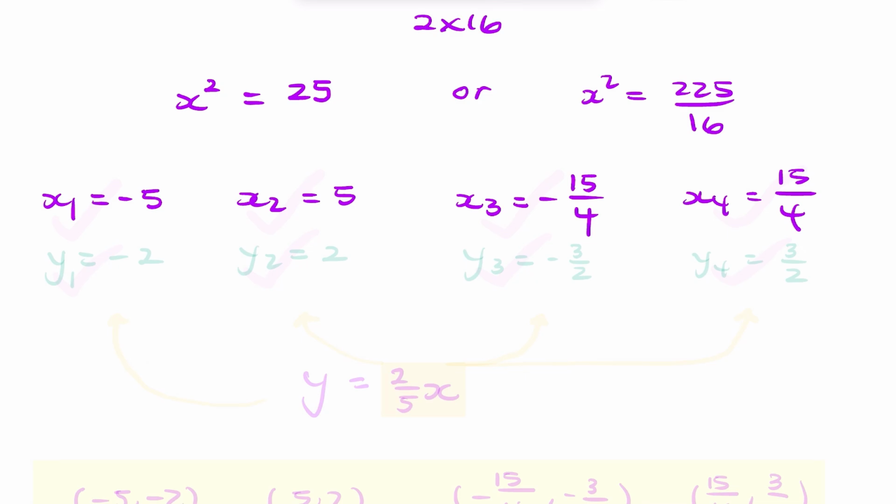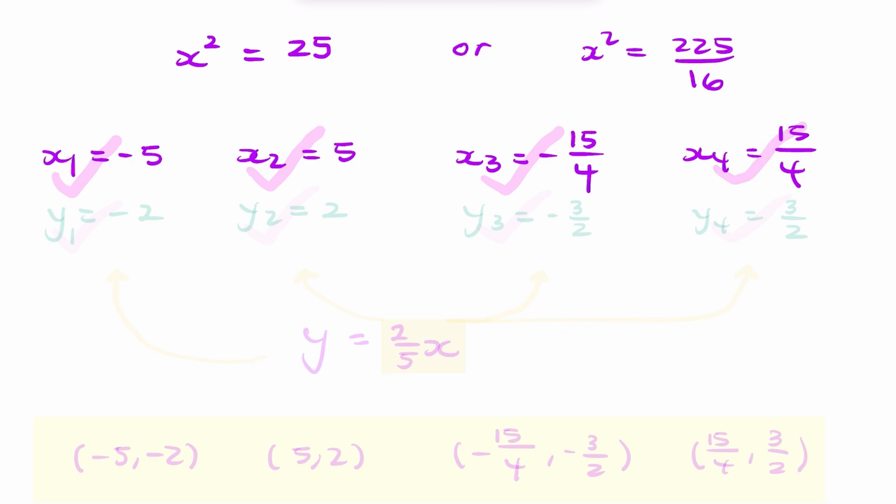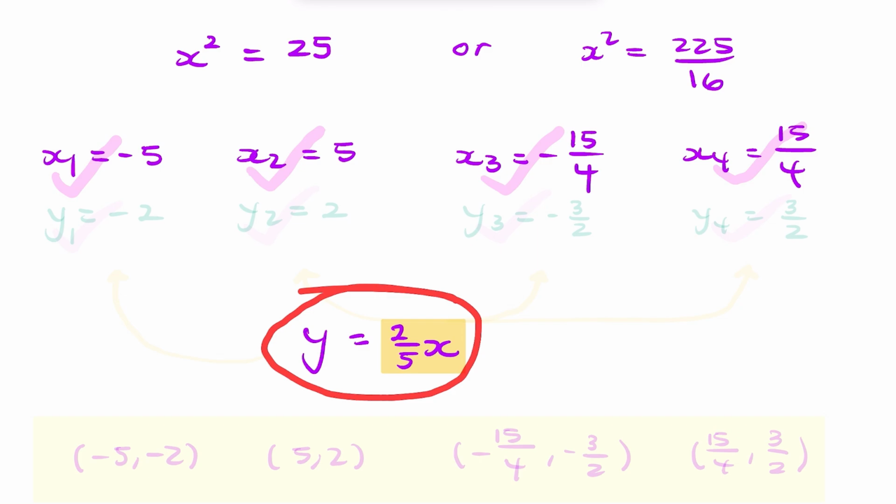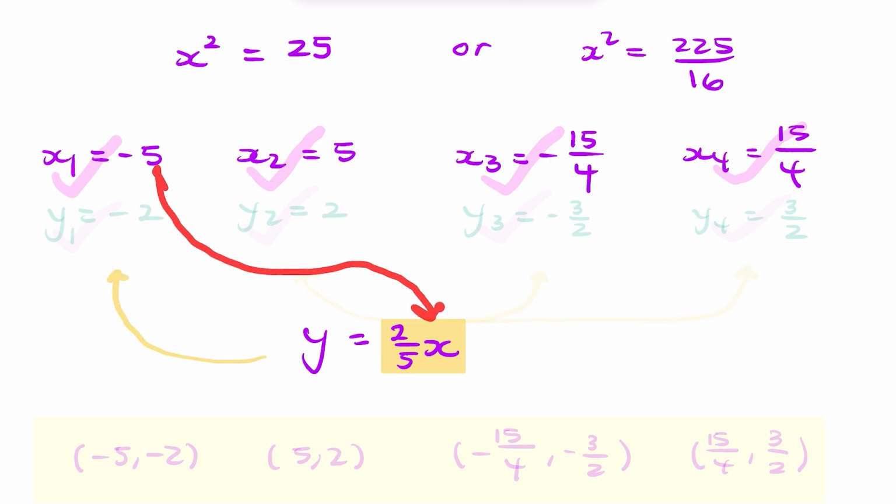We now need to find the 4 y coordinates. And we do that by simply substituting y equals 2 over 5 x. So if we substitute y equals 2 over 5 x into each of these, then we can find y1, y2, y3, and y4.